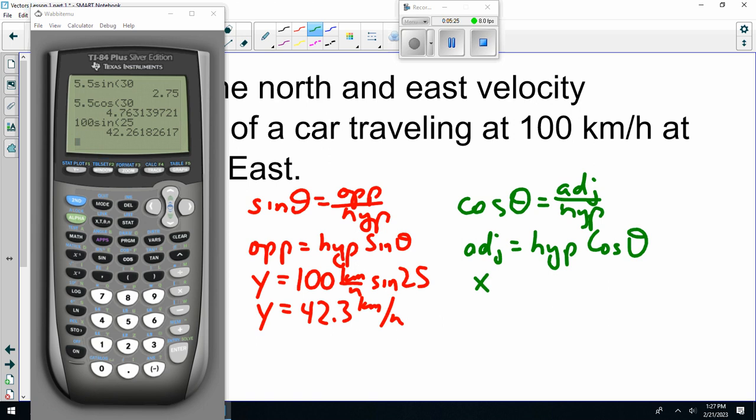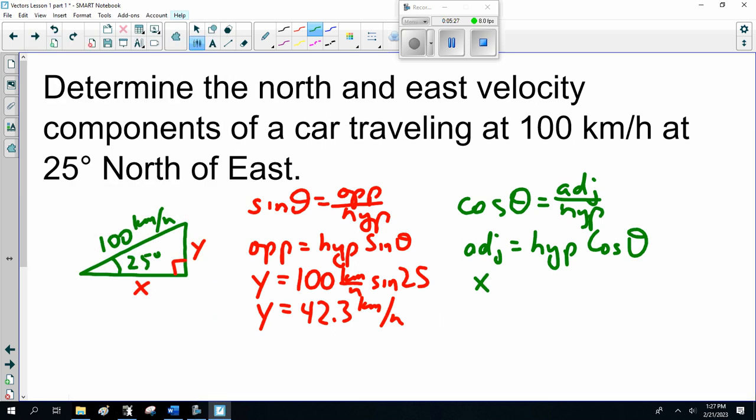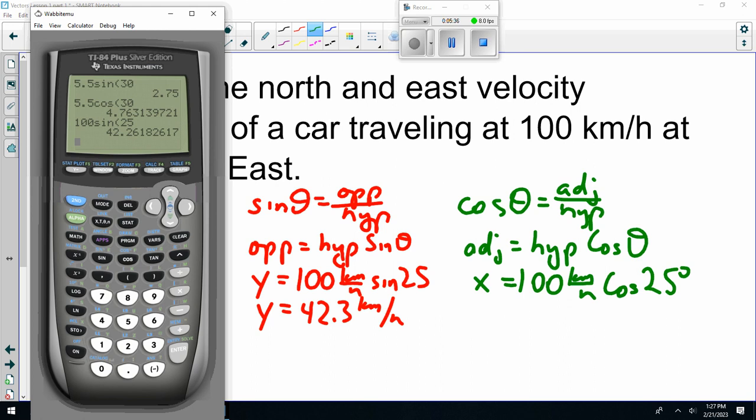In this instance, the adjacent is the x side. 100 kilometers per hour, cos 25 degrees, is 90.6 kilometers per hour.